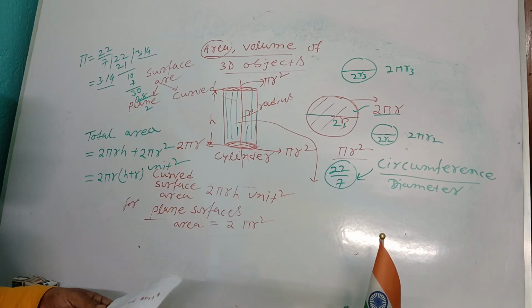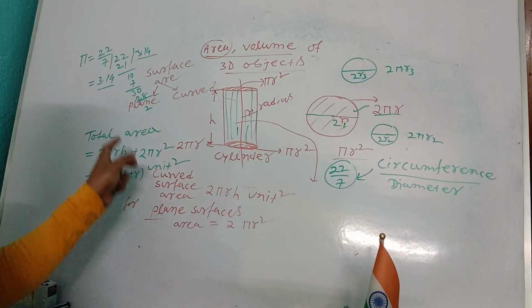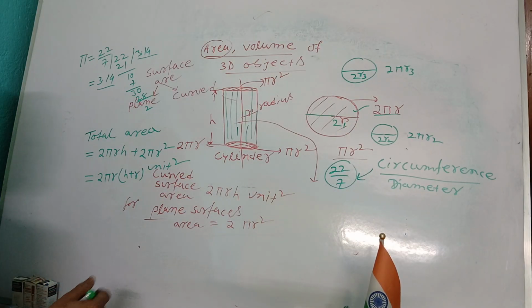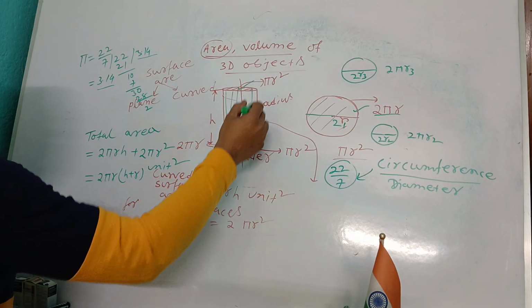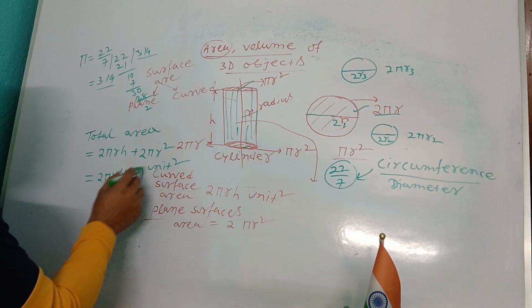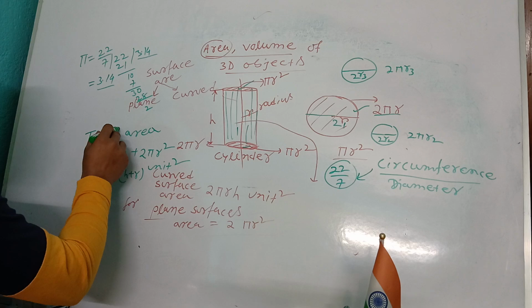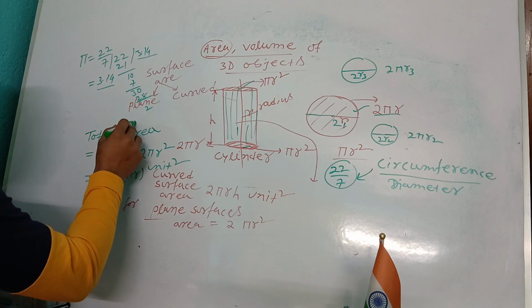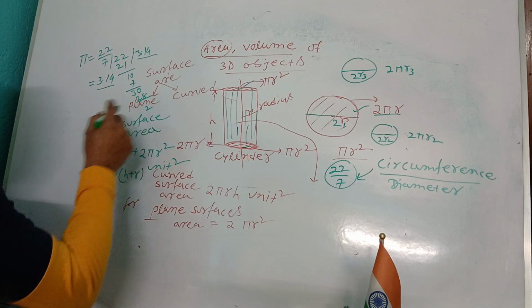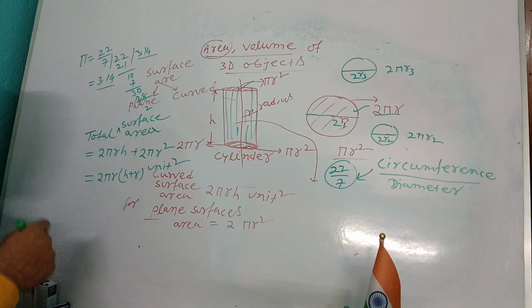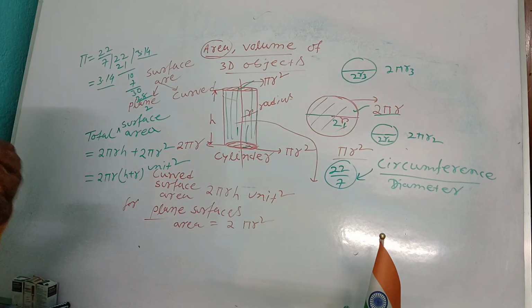Already explained with the help of this paper. Next, 2 surfaces, so pi r square each, so 2 pi r square, and then add it, we will get the total surface area. It is the total surface area.